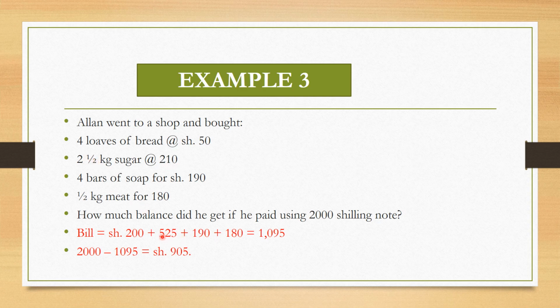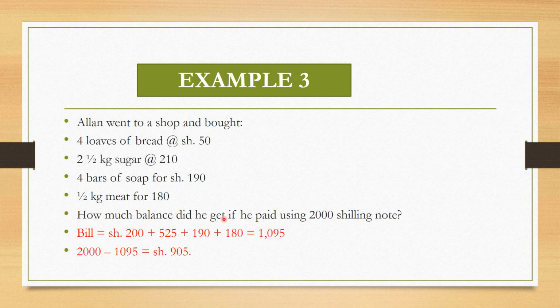If you have a rough paper, you can confirm that. Then 4 bars of soap for 190. So I don't need to multiply. This is the total price for the 4 bars, that is 190. And then a half kilogram of meat for 180. Also this one I don't need to multiply because for represents the total. So it is 180. Then the bill that Alan is going to pay is 1095.